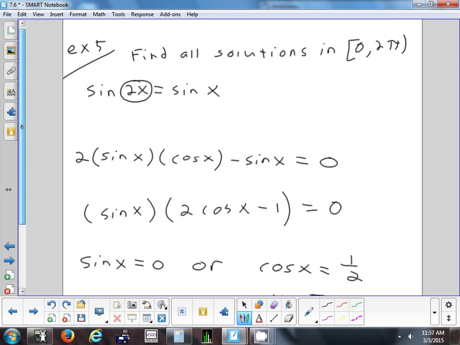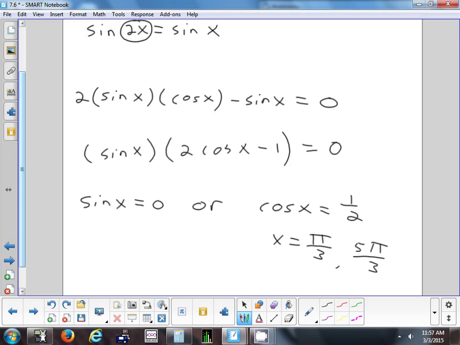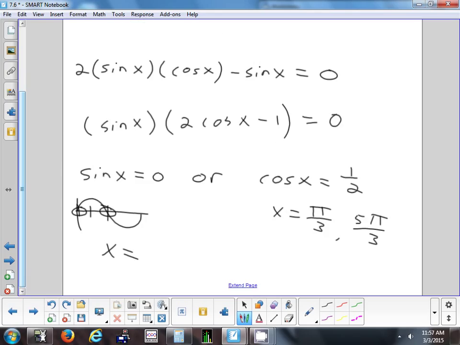Okay, we're looking for answers from 0 to 2 pi, so I just wanted to double check. So far, we're okay. For this one, well, you could do it 2 ways. You either use your calculator or just think of the picture. Where does sine hit 0? Here and there. So that's 0, pi over 2, pi. So 0 and pi.